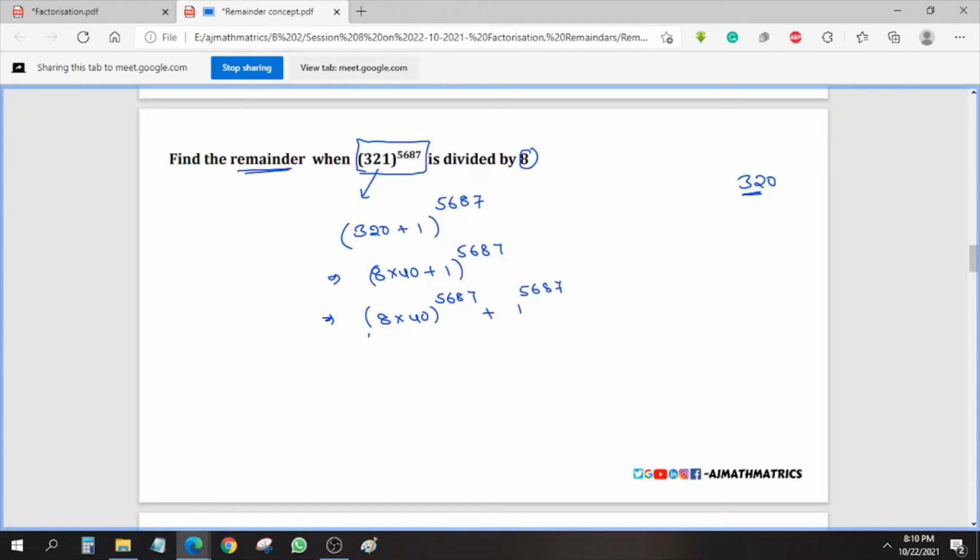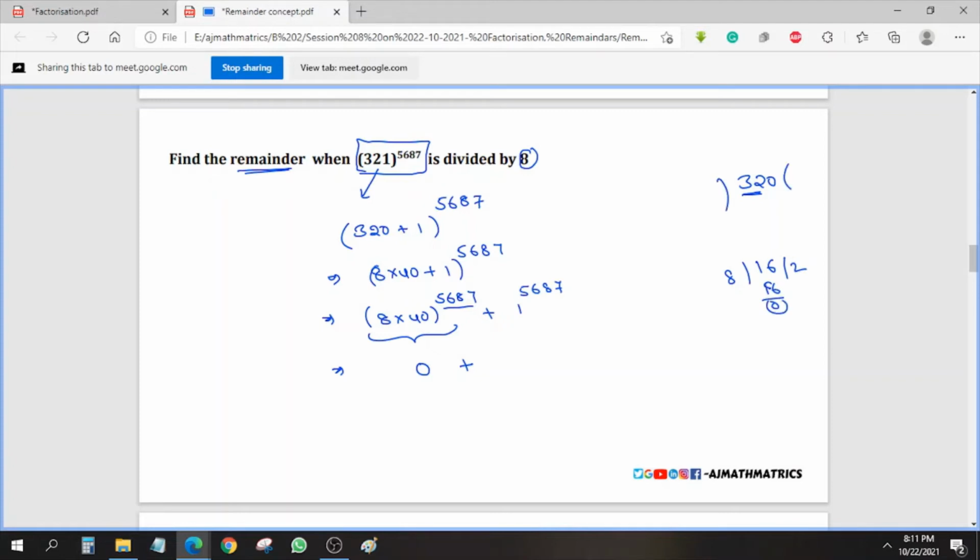When you observe this point, this 320 power 5687 is a multiple of 8. When any number is a multiple of 8, we get the remainder as 0 obviously. For example, if you take 16, 16 is a multiple of 8, so obviously 16 divided by 8 gives the remainder 0.